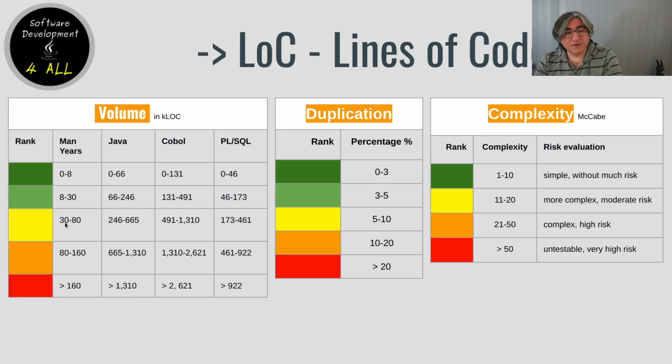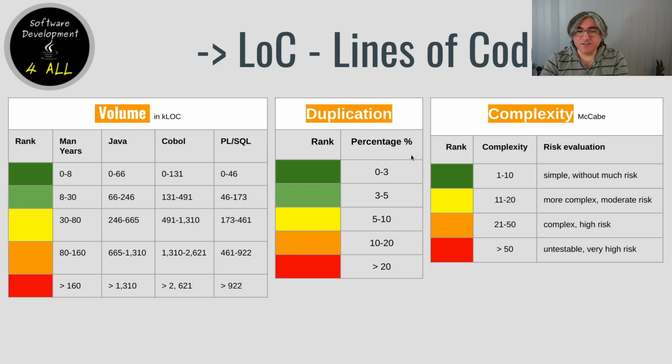Yellow, 30 to 80 years, 246,000 to 665,000 lines of code, then you're in a more complex moderate risk. When you go above that, then you're in the high risk category, and when you're going above 1.3 million lines of code, then it's basically unstable code, very unstable, very unreliable. Anything could make your life as a developer hard to analyze and to change.